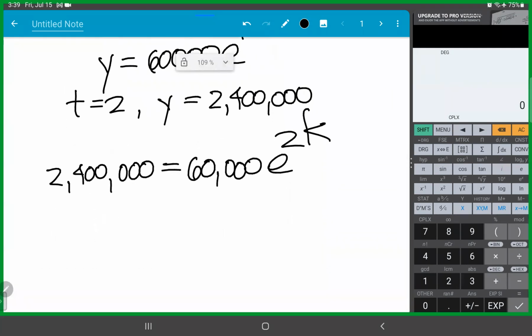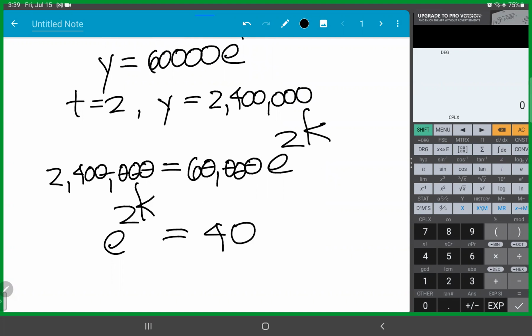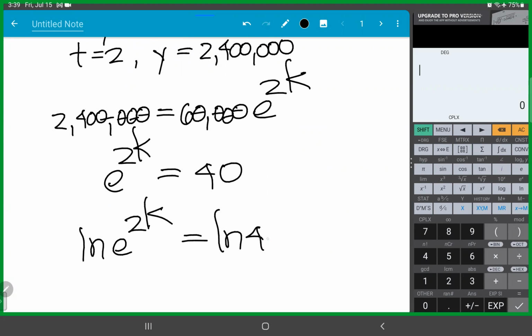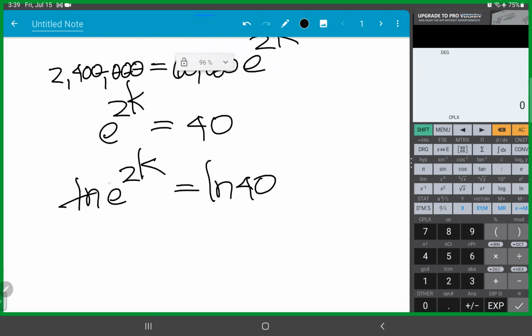Then we divide by 60,000, we get e to the 2k. So 240 divided by 6 is 40, right? So we take the ln of both sides, then ln and e cancel out, right?